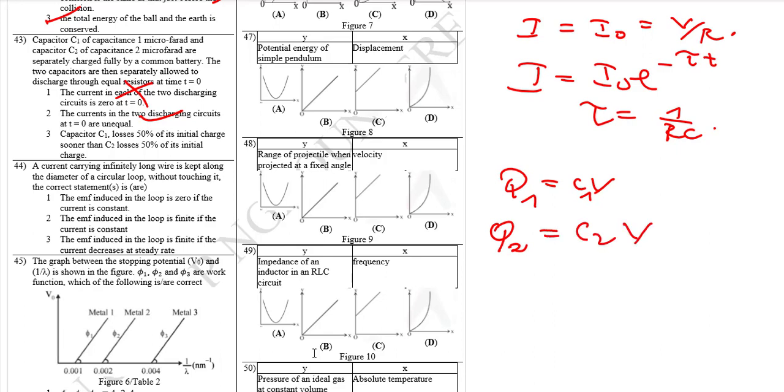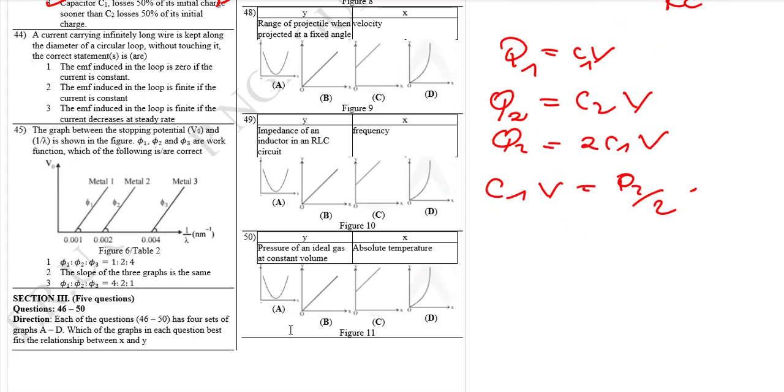Since C2 is 2 farads, that will be 2C1 times V. So that's Q2. It means C1V will be equal to Q2 divided by 2. So definitely it should be halved. So the capacitor C1 loses 50% of its initial charge sooner than C2 loses 50% of its initial charge. So 2 and 3 are correct, option B.